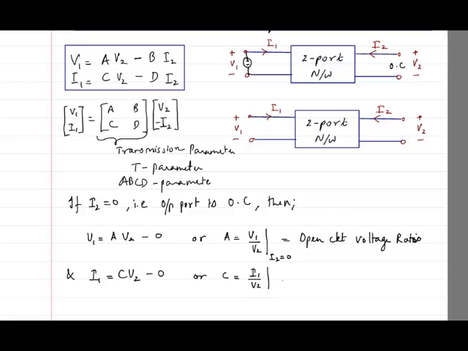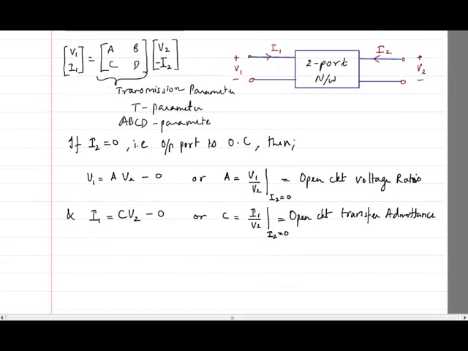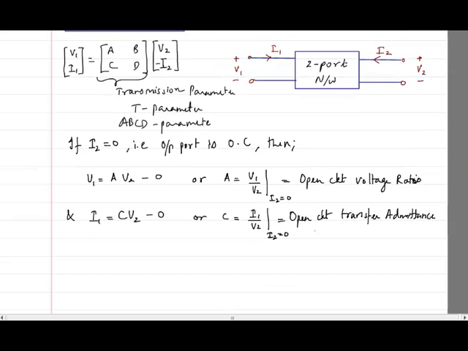So this is a transfer admittance obtained when you make it open circuit, that is I2 equal to 0. So I call this the open circuit transfer admittance. Okay, so we have got the two values A and C.